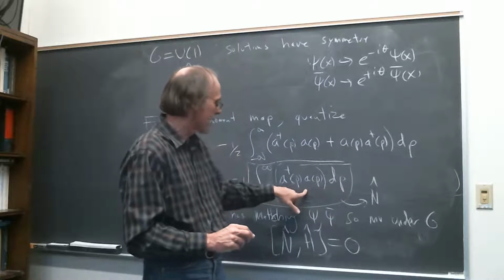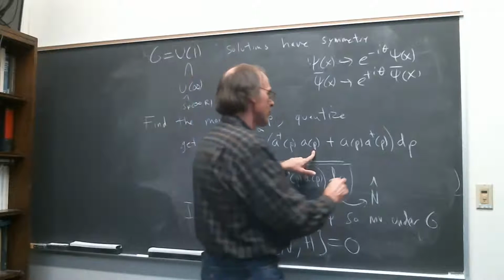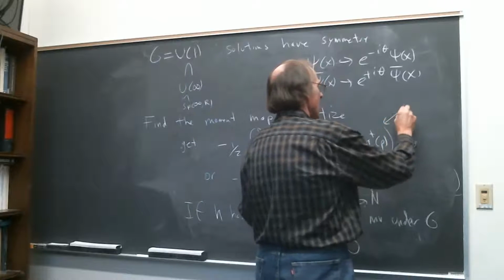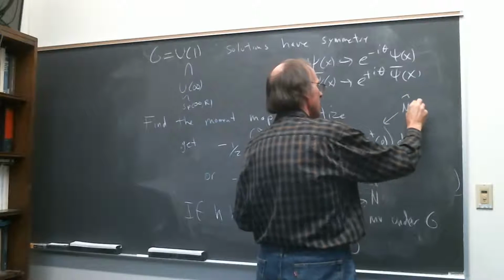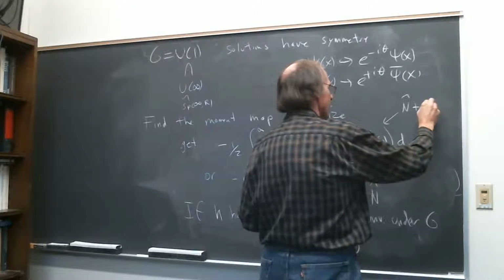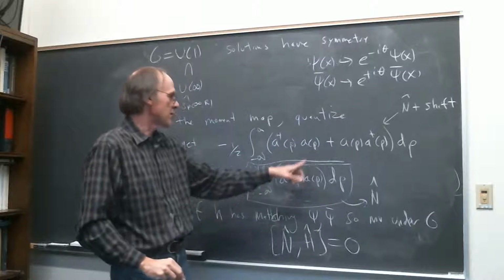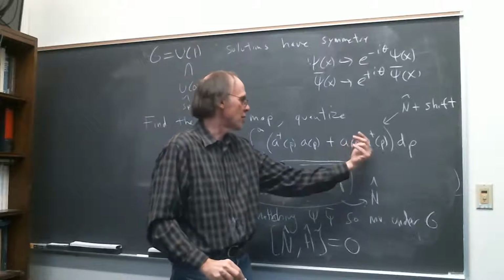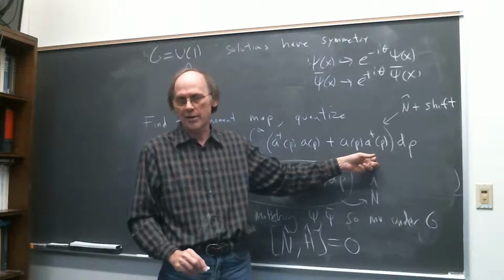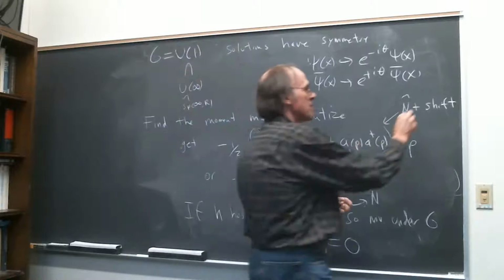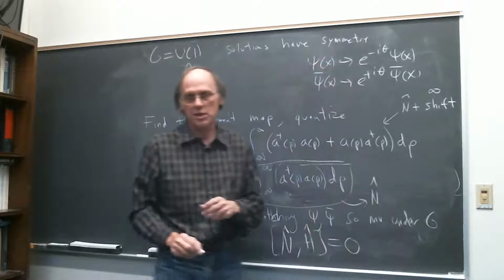So this guy, if you look at it, this is really n hat plus a finite shift. You have to watch out what you're doing. You can change the order of these back, but then there's going to be a half here. So that plus, and the problem is it's plus an infinite shift.